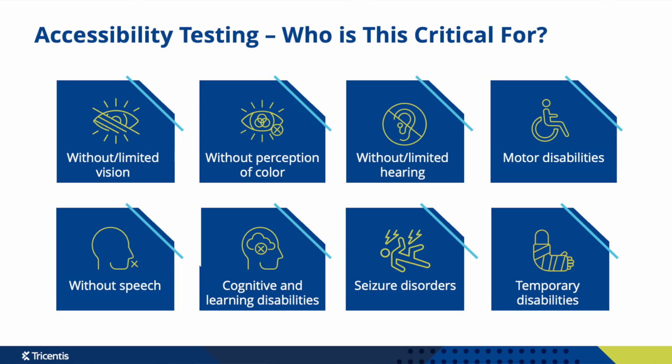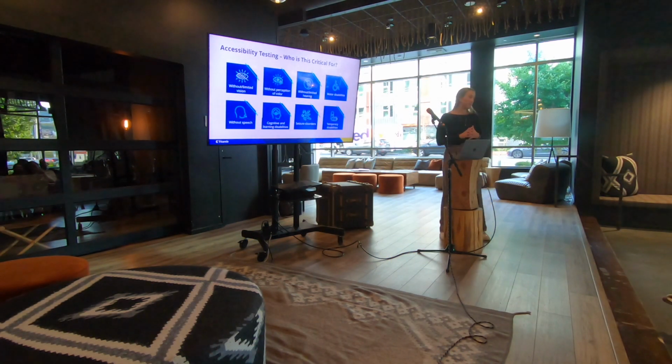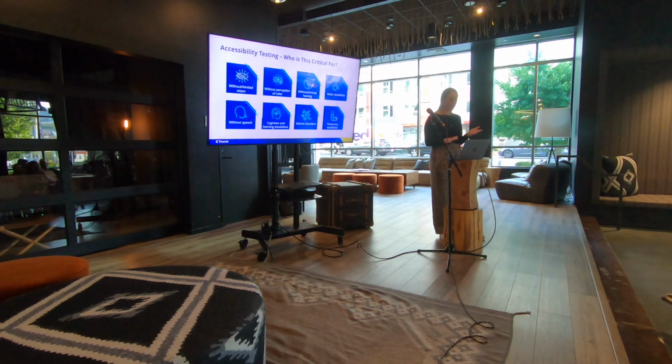These folks could be folks without or with limited vision, folks without speech, without the perception of color, folks with cognitive and learning capabilities like ADHD and dyslexia, folks without or with limited hearing, seizure disorders, motor disabilities, or temporary disabilities. So when we're talking about testing throughout the rest of today, these are the folks that we're talking about specifically to cater towards in web accessibility testing.